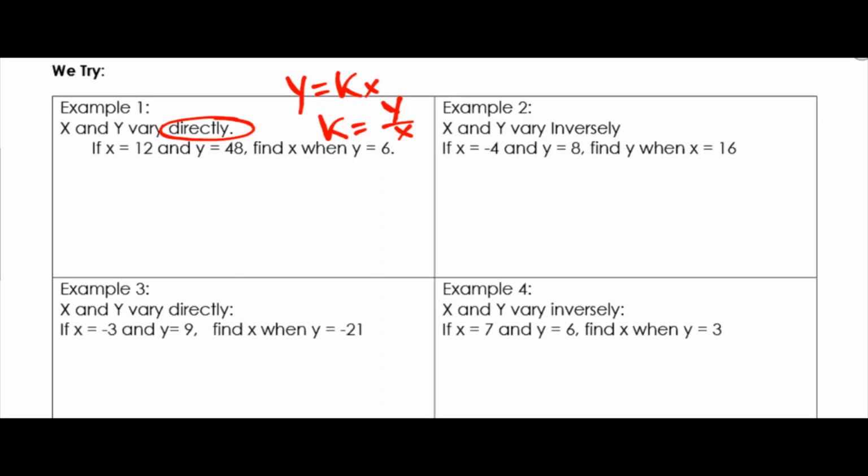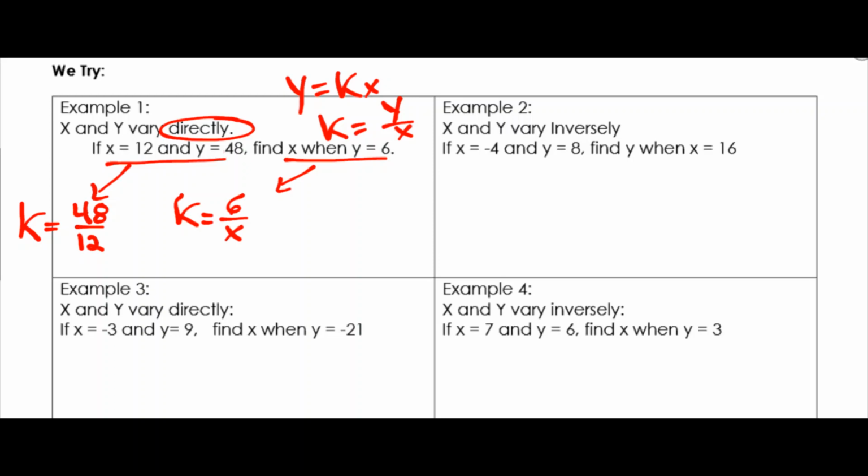So the steps at the top basically say that we're going to use that bottom equation for both of these points. This is 48 over 12. This is 6 over some x value that I don't know yet.